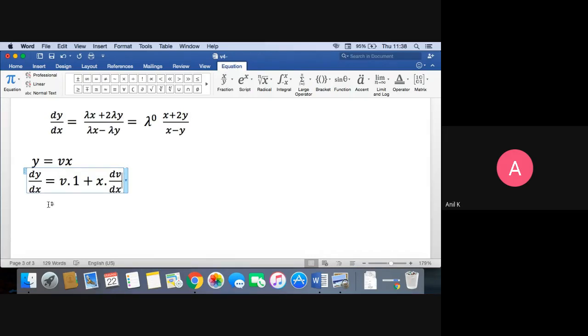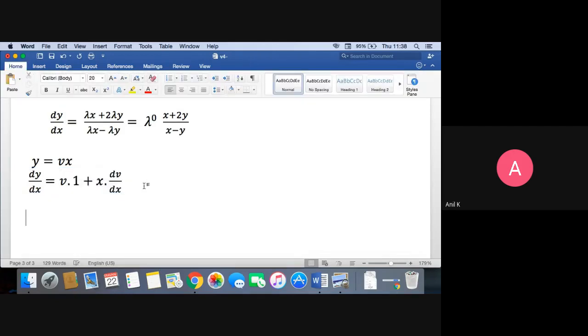So dy by dx value, I got it as v plus x dv by dx. So I'll replace here in this equation dy by dx as v plus x dv by dx is equals to x plus 2y upon x minus y.